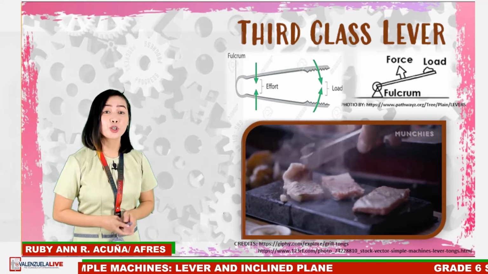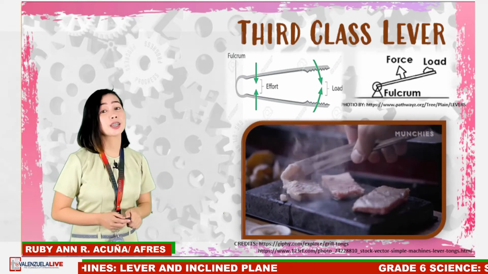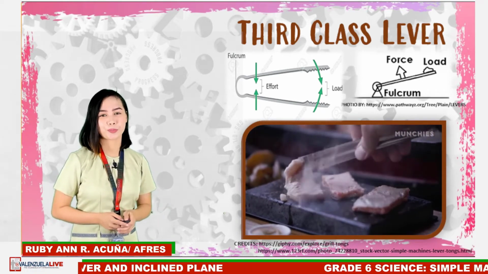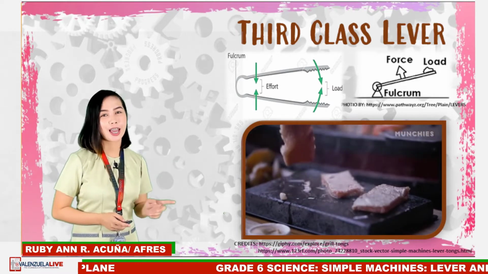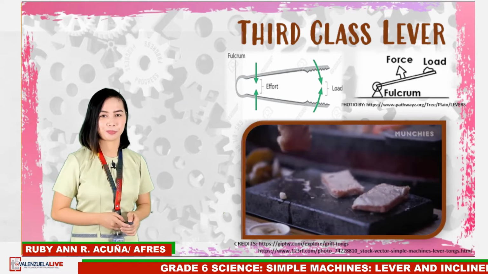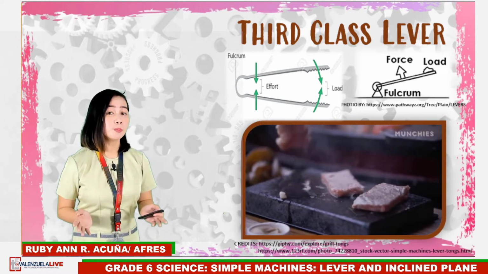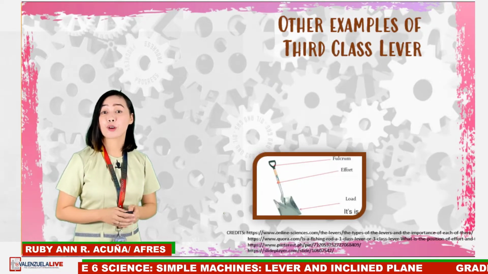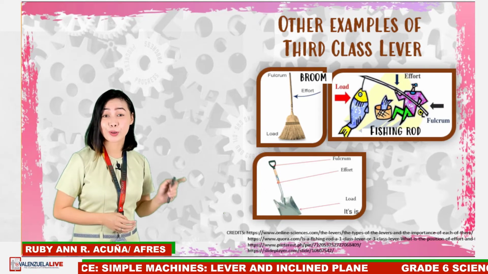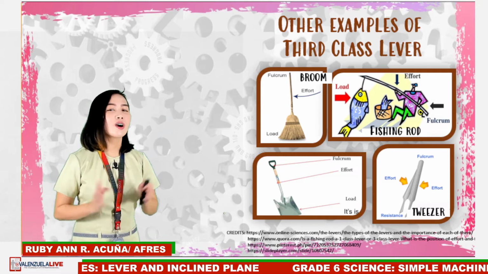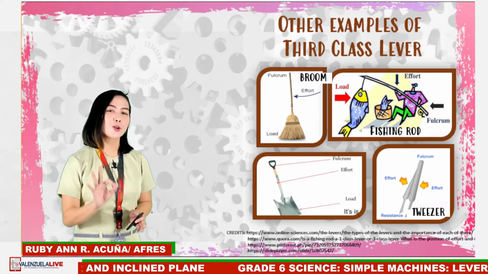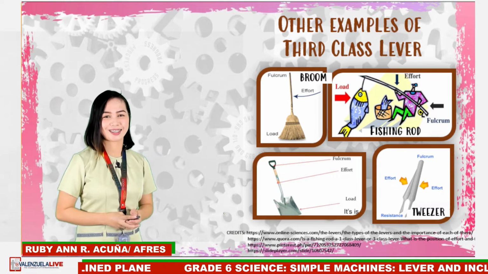The part which you hold is the effort, and the fulcrum is at the other hand. Broom, fishing rod, tweezers, mops, and shovel are all examples of third-class levers.